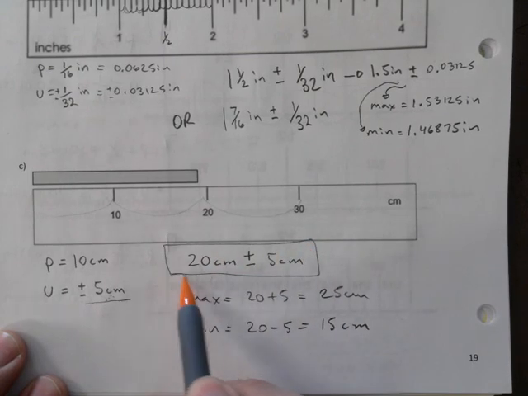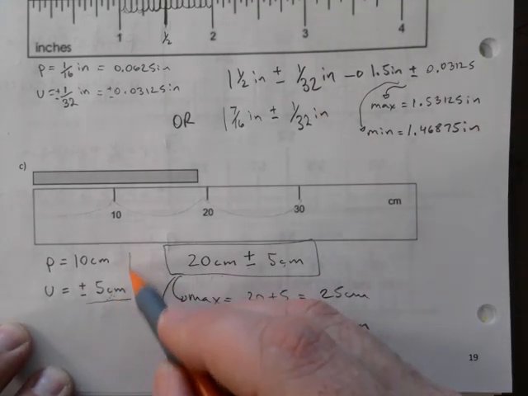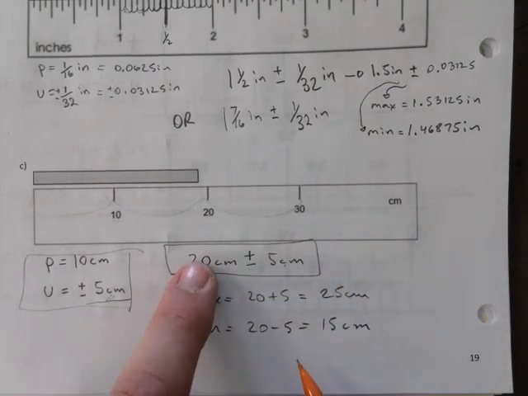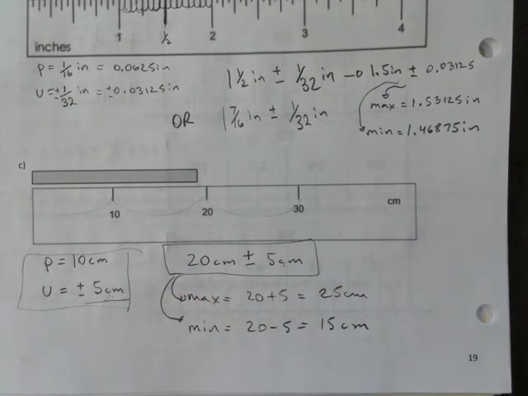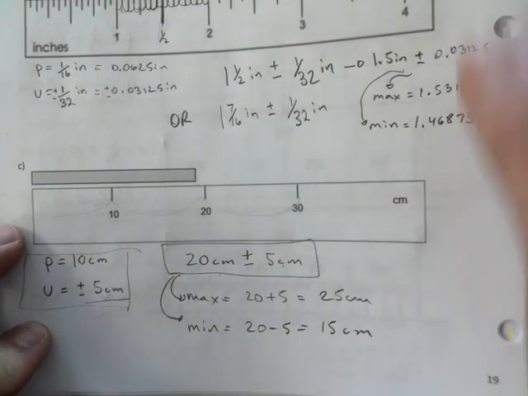So this is the measurement plus or minus uncertainty, and from here we get our max and our min. It all started with precision and uncertainty. Then we measure, then we find max and min.